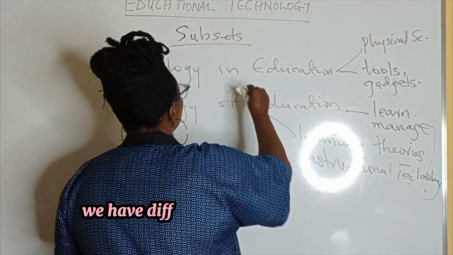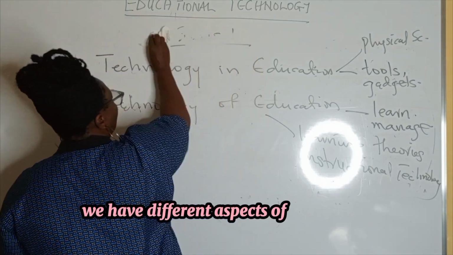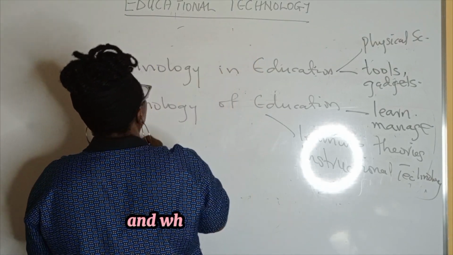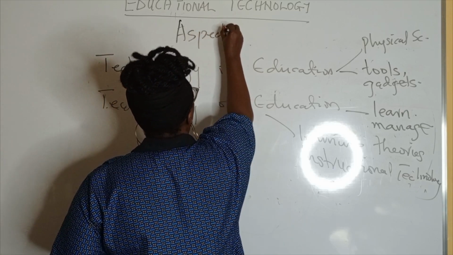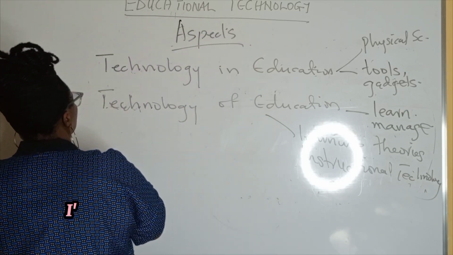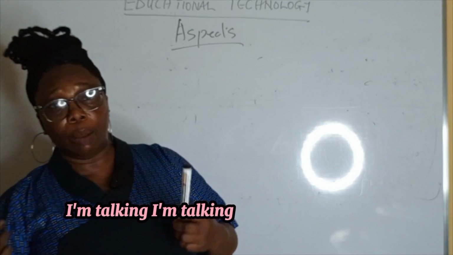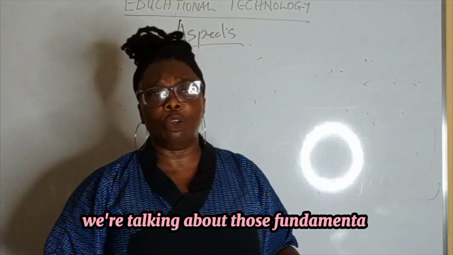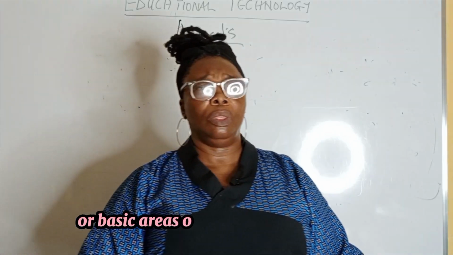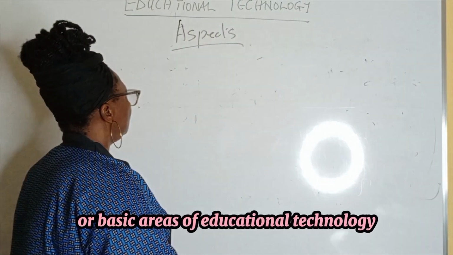Then we have different aspects of educational technology. And what are those aspects? In talking about the aspects of education, we're talking about those fundamental or basic areas of educational technology.